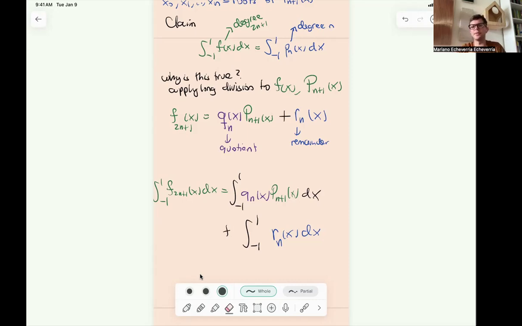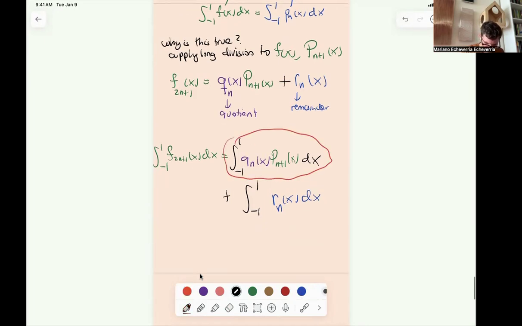So far, so good. That's just what you get by integrating both sides of the equation after you did long division. Now, what's interesting is what happens with the first term. So let's focus on this one first.